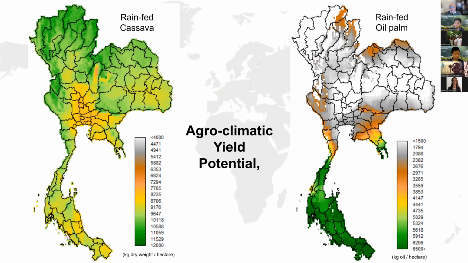And of course, as you can see, there are climatic gradients which affect the yield. There's no soil, so soil is assumed perfect in this calculation. Still, it's only the agroclimatic part, and you see parts where, for example, oil palm would not be able to grow because of the climatic conditions, temperature, and/or moisture availability.